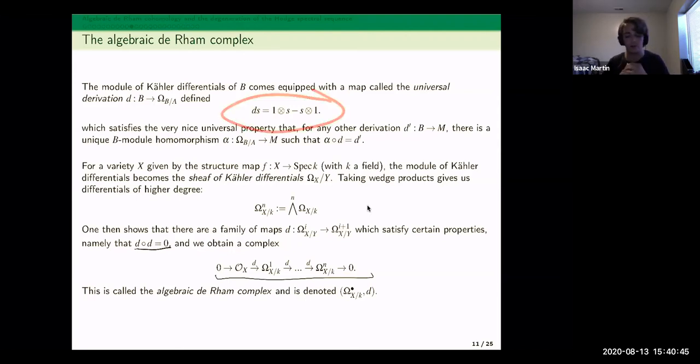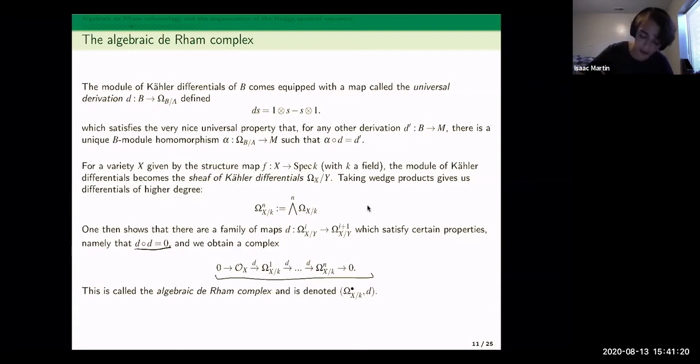And it has a nice property that if we take any other derivation D prime, then we can realize D prime as a composition of our universal derivation with some unique B-module homomorphism from the Kähler differentials to M. In fact, we can alternatively define the Kähler differentials to be any B-module that comes equipped with a map that satisfies this universal property. However, we prefer this definition here because this is the one that globalizes immediately to schemes.